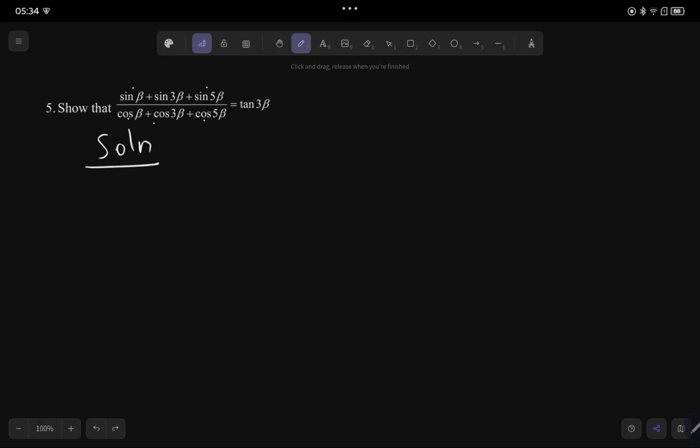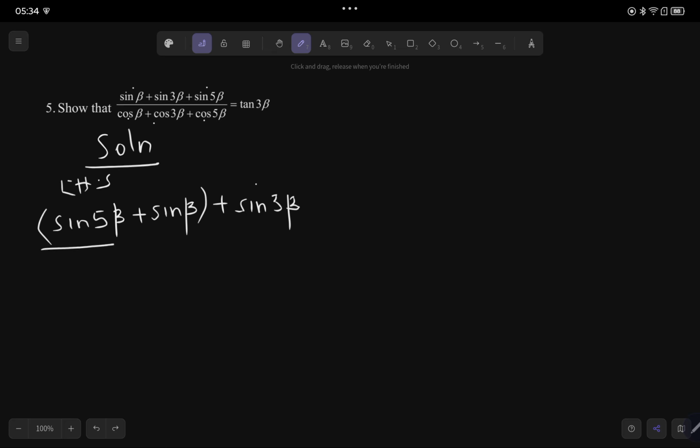And again, as I've said, when you are expecting to use subtraction somewhere, it is preferable for us to begin with a bigger angle. So we reorganize on the left hand side and we have sine 5 beta plus sine beta, then plus sine 3 beta.